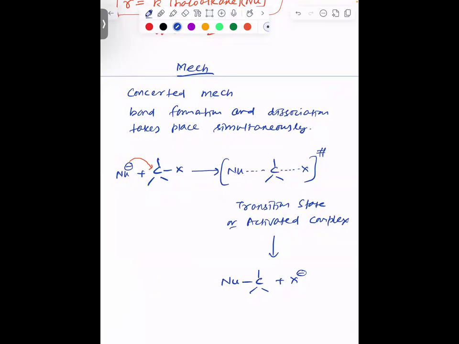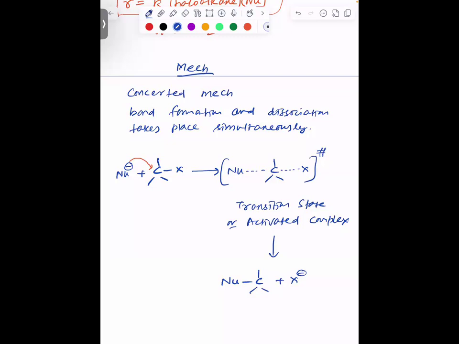The nucleophile attacks just the opposite side of the leaving group. So after the attack, what will happen? Nucleophile starts making the bond, and simultaneously the bond between leaving group and carbon starts dissociating.